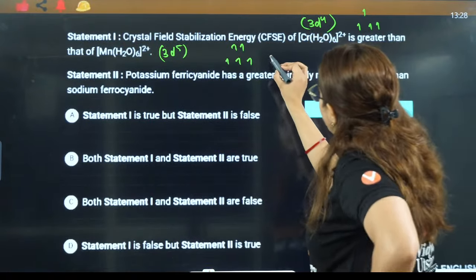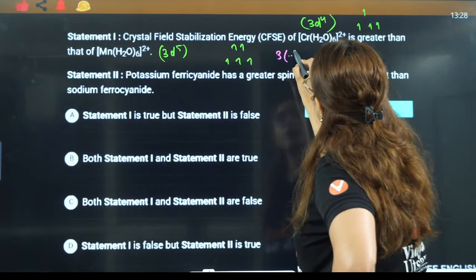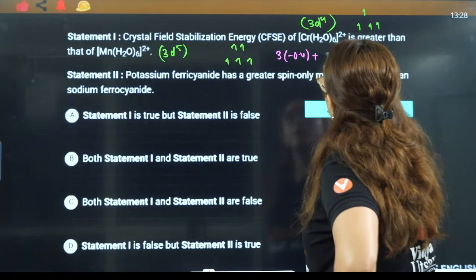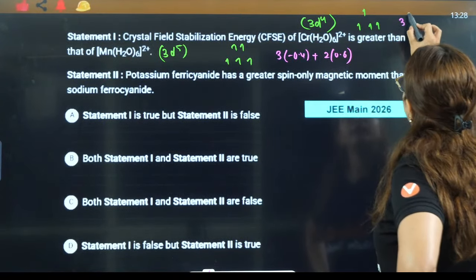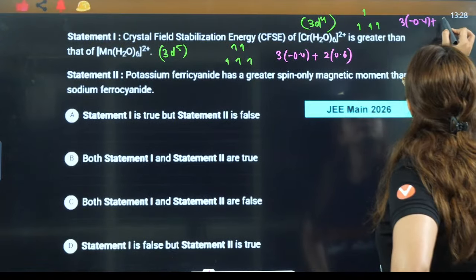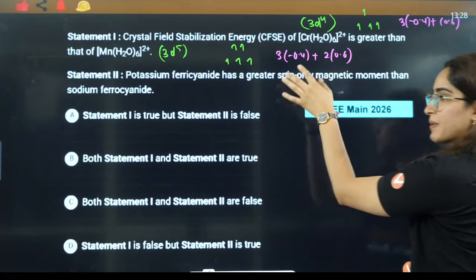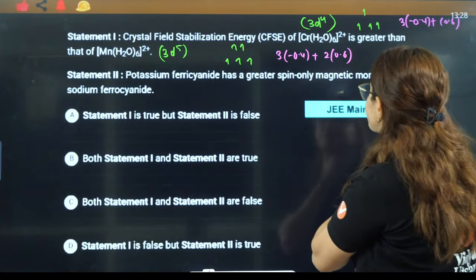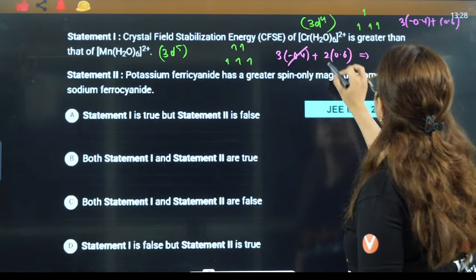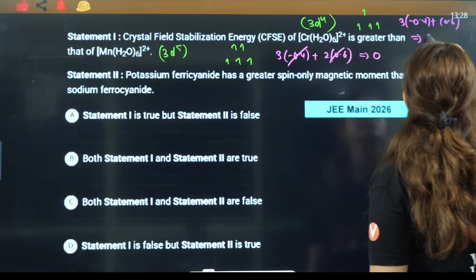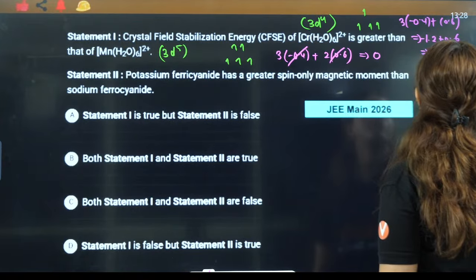Here this will be 0.4, so 3 into minus 0.4 plus 2 into 0.6, which is minus 1.2 plus 1.2, that cancels out and becomes 0. The other is minus 0.4 into 3 plus 0.6, so minus 1.2 plus 0.6, which is minus 0.6.